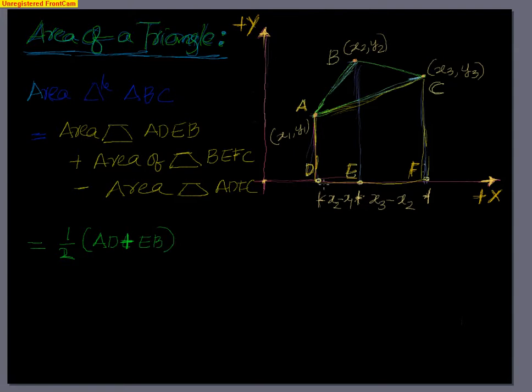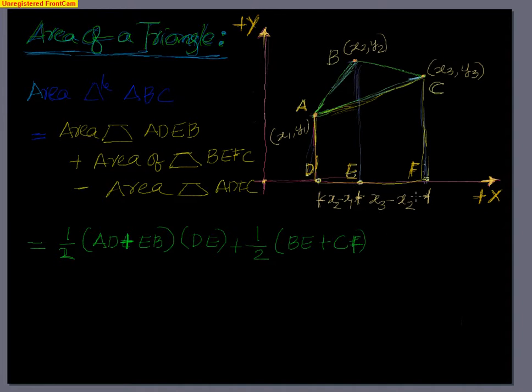DE. That is nothing but half into AD plus EB into DE, plus half into, next what you have, BE plus CF. These are the bases, B1 and B2, BE plus CF into height. What is the height? Height is nothing but EF.